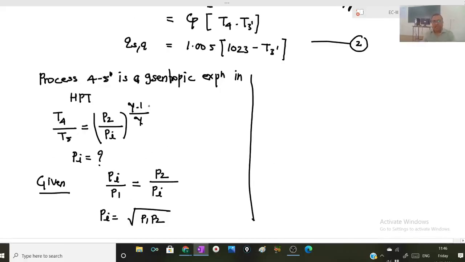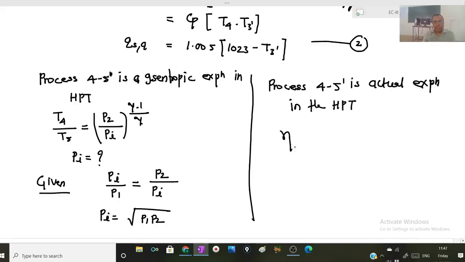T5 dash is the actual temperature we are going to get. So for that I have to consider process 4 to 5 dash is actual expansion in the high pressure turbine. So efficiency of HPT will be H4 minus H5 dash to the H4 minus H5.